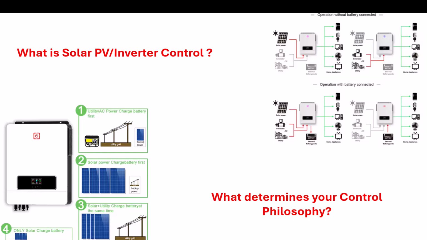The control aspect will also enable you to stay within the boundaries when it comes to your solar panels, your AC or utility input, your battery connection, and also the output to the loads. So you will have boundaries in which your system should operate. When you fail to be within these boundaries, you lose your control, and in most cases, your system will not operate at optimum pertaining to your requirements.